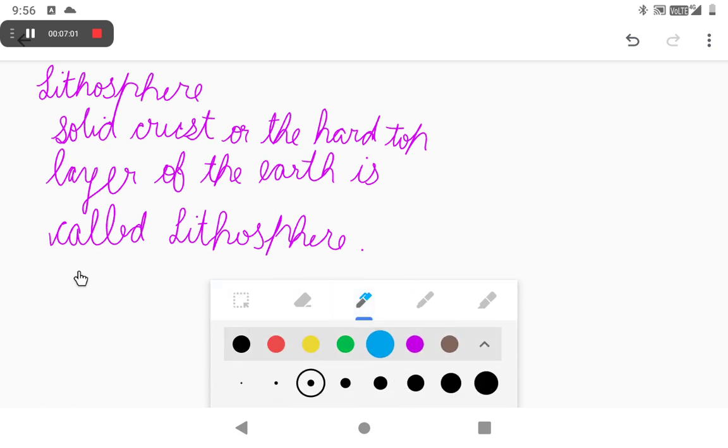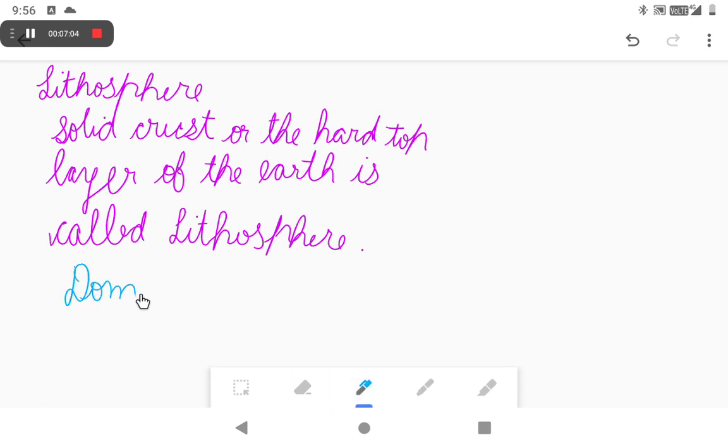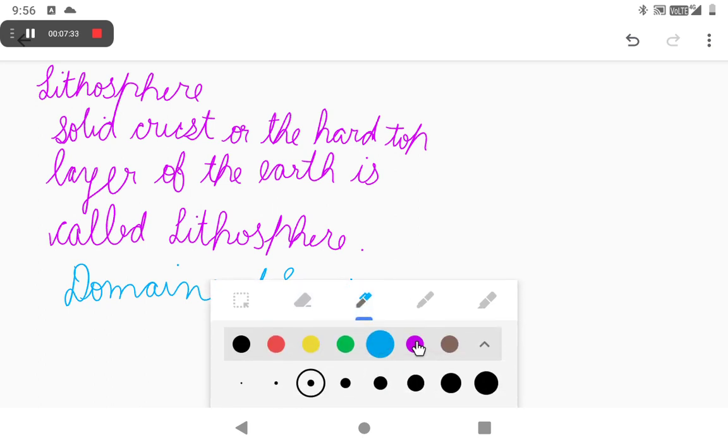Please note down: domains of the environment. If someone asks what are the domains of an environment, you will say lithosphere, atmosphere and biosphere.